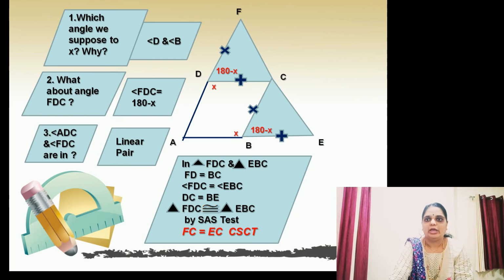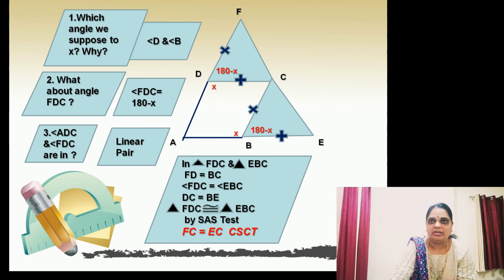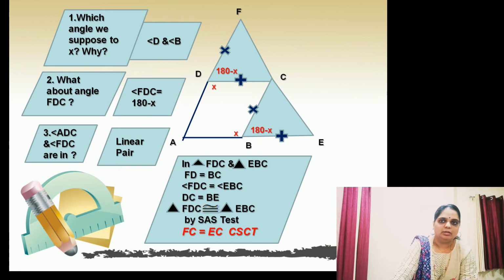FD is equal to BC, and angle D is congruent to angle B: angle FDC is 180 minus x, and angle CBE is also 180 minus x. Then side DC is equal to side BC, and triangle FDC is congruent to triangle EBC by the SAS test, and corresponding sides of congruent triangles are equal, that is FC is equal to EC.